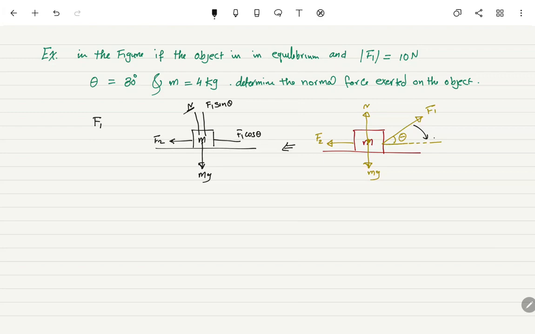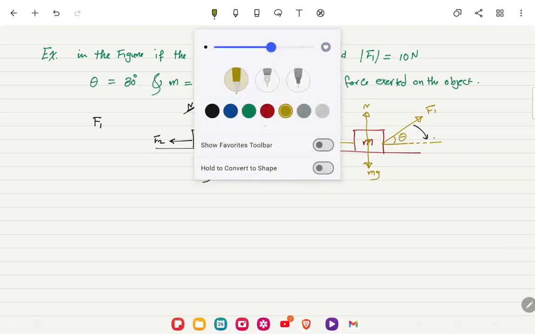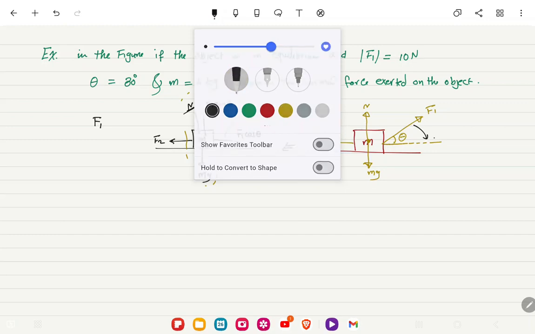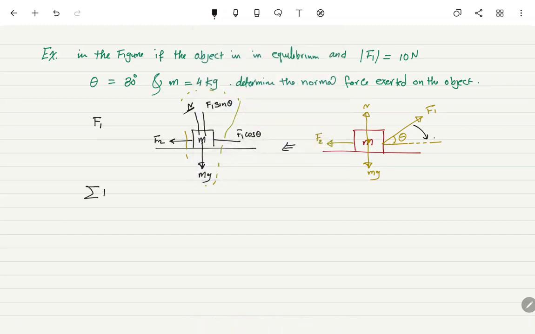Now the sum of all forces on y, this y here, equal to 0, which means normal plus F1 sine theta equal to mg.